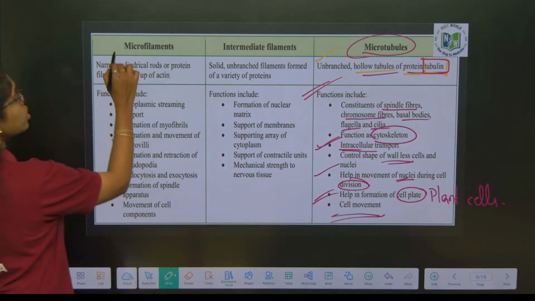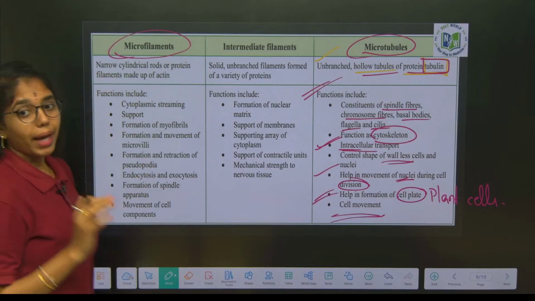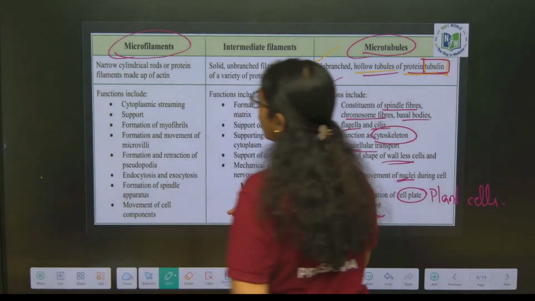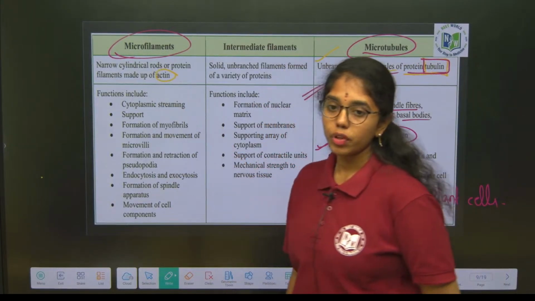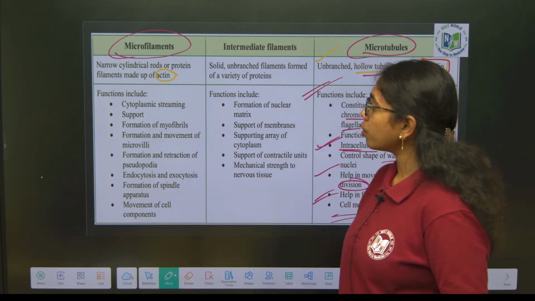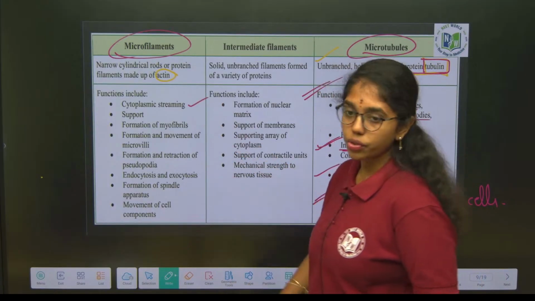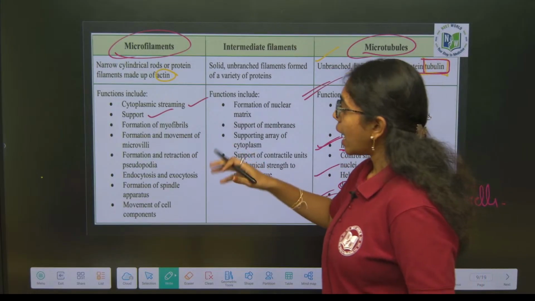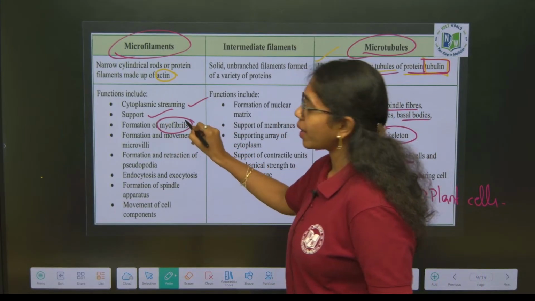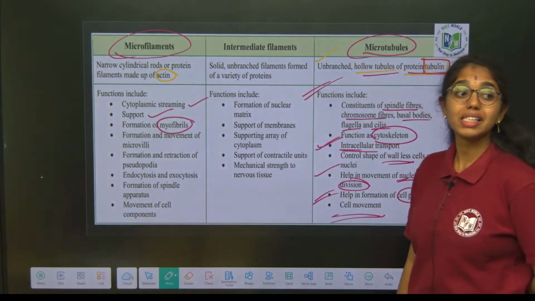And then here if you see microfilaments. Microfilaments are narrow cylindrical rods or protein filaments which are made up of actin. And what are the functions included over here? Cytoplasmic streaming. Microfilaments will give proper support to the cells and formation of myofibrils. What are myofibrils? Muscle fibers.